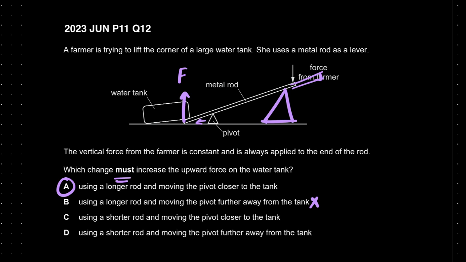It depends on how much you change it by. Similarly, using a shorter rod is going to decrease the distance. Moving the pivot closer to the tank will increase the distance again. But again, you have no way of knowing what the overall change is going to be like. And if you look at D, this is going to decrease the moment in both ways, because you use a shorter rod and move the pivot further away. So in both of these cases, you are decreasing the distance and hence decreasing the moment.